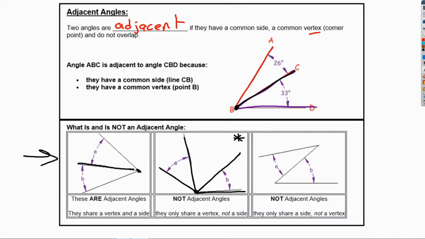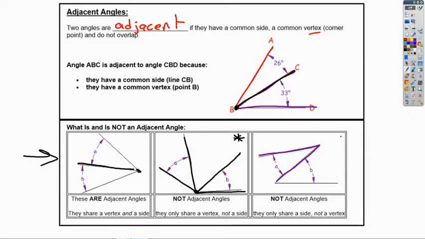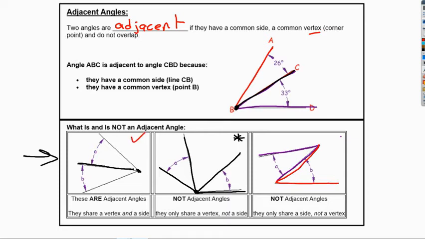And finally, another example of one that's not adjacent is this final one over here. This time they're sharing a wall, but they're not sharing a vertex, where they all meet. Our first one was an adjacent angle, and then these two were not adjacent angles.